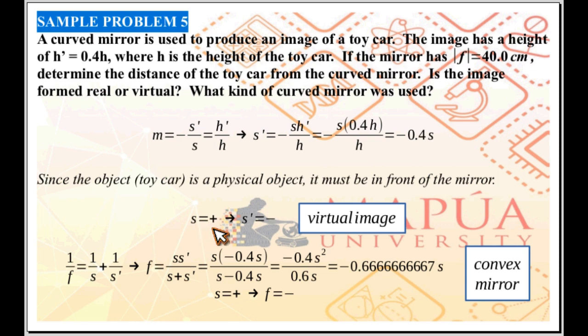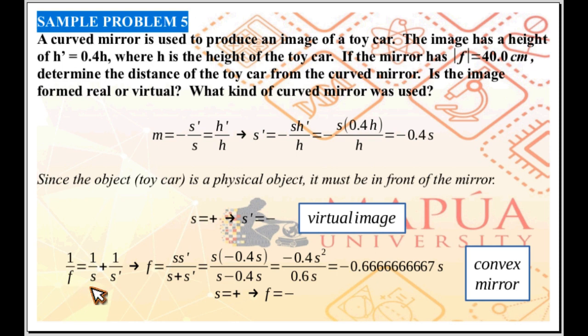S is positive. Object distance is positive. The object is in front of the mirror. Since S prime is equal to negative 0.4 S and S is positive, this means that S prime is negative, which tells us that for a mirror, S prime is negative, you have a virtual image.